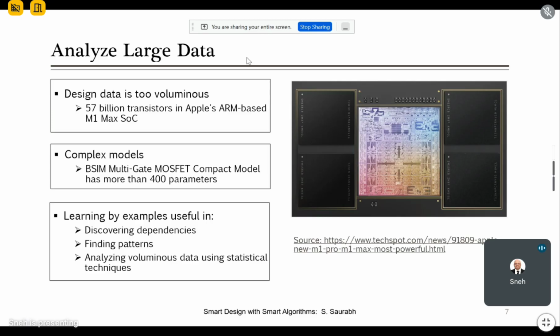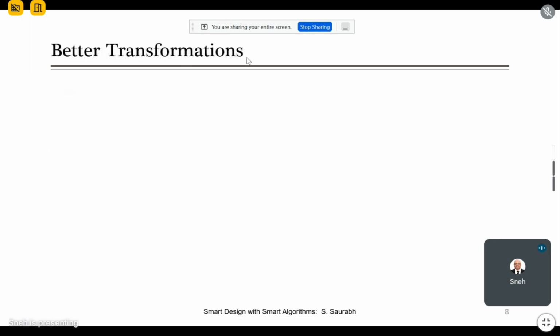Sophisticated or smart algorithms can be designed, which can yield a much better solution or much better design, which will give better results to us, right? This is the second motivation of using ML technology in EDA tool flows.